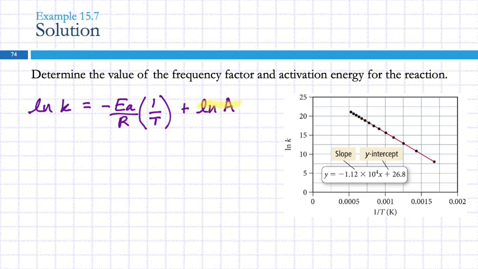So the natural log of A is equal to the intercept. Negative EA over R is equal to the slope. Natural log of K is Y. That's what's on the y-axis. 1 over T is X. That's what's on the x-axis. Maybe let's color those in too.